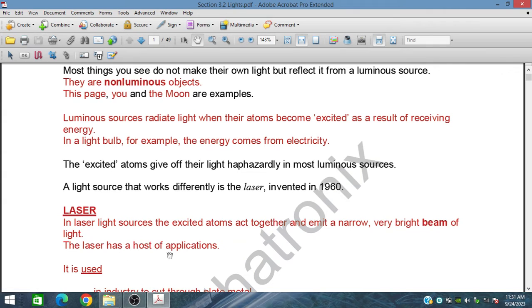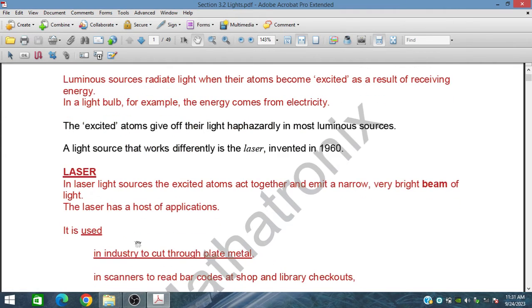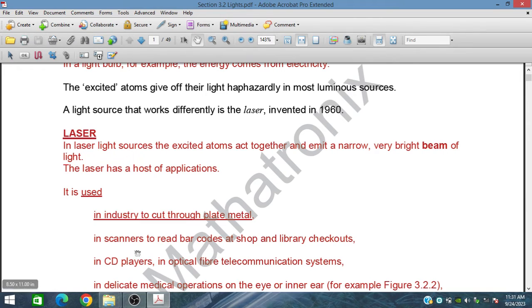Laser has a host of applications. It is used in industry to cut through plate metals, in scanners to read barcodes at shop and library checkouts, in CD players, and in optical fiber telecommunication systems.